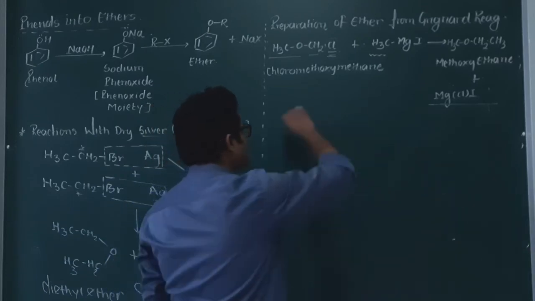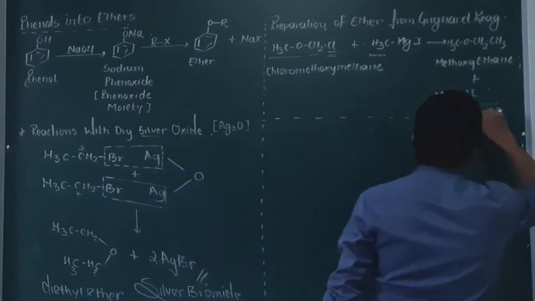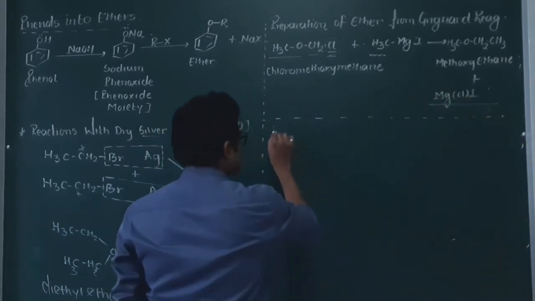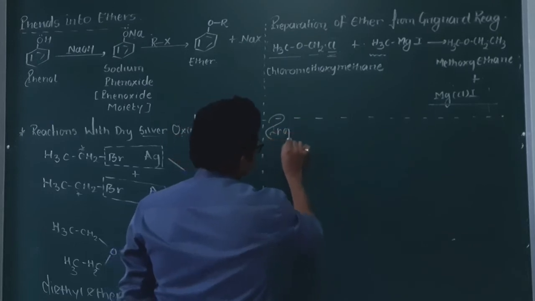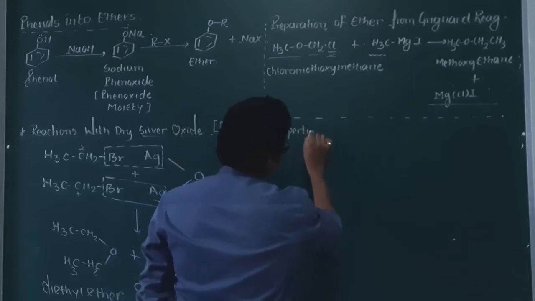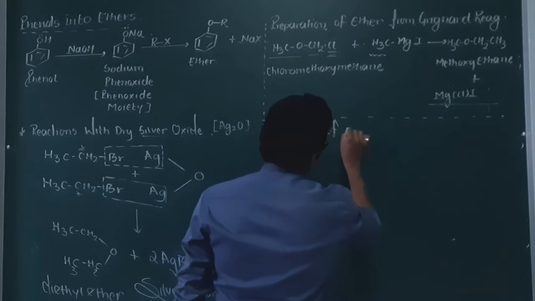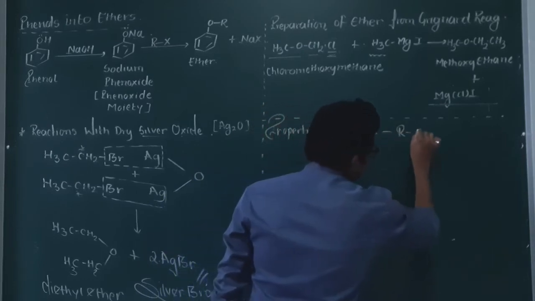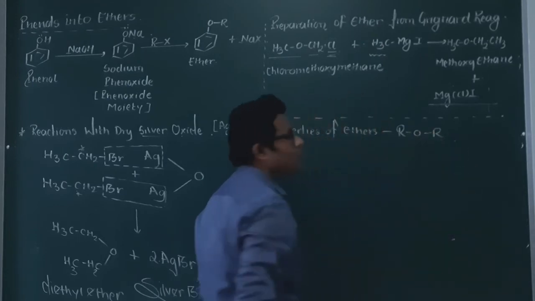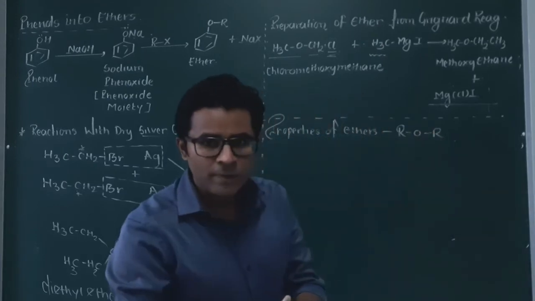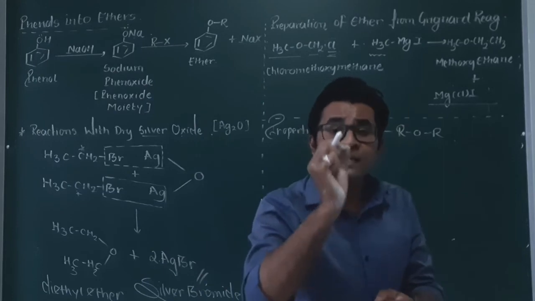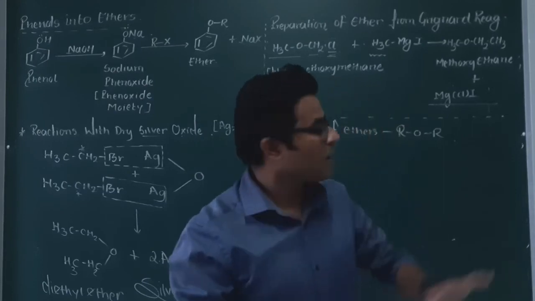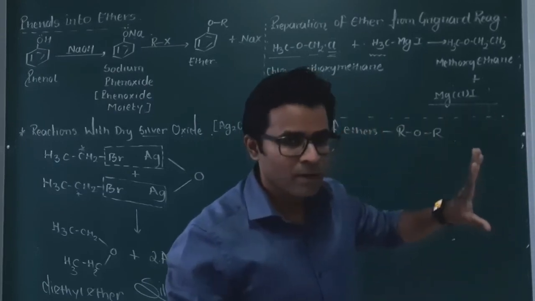Let us proceed further to understand the properties of ethers. When we look at ethers, ROR, the ether functional group is one of the least reactive among all the functional groups available.